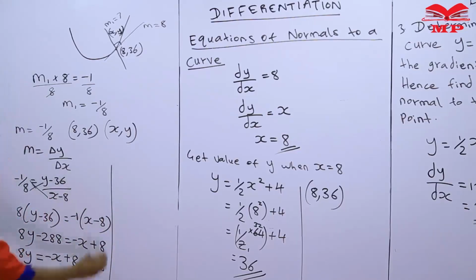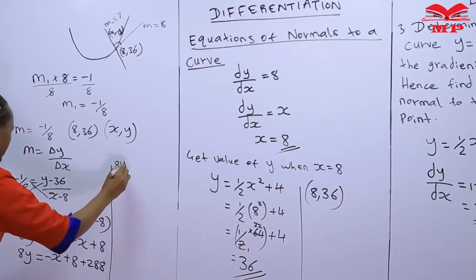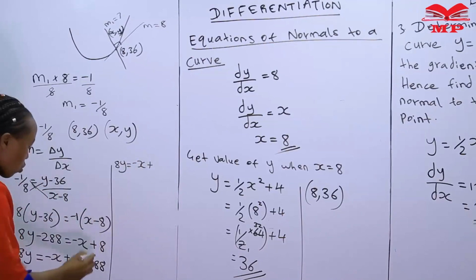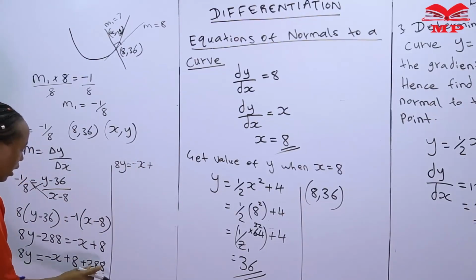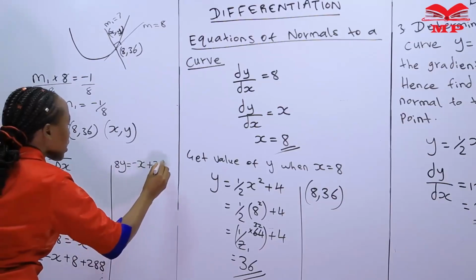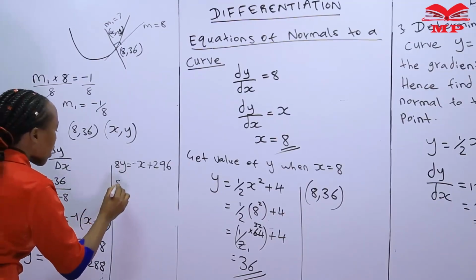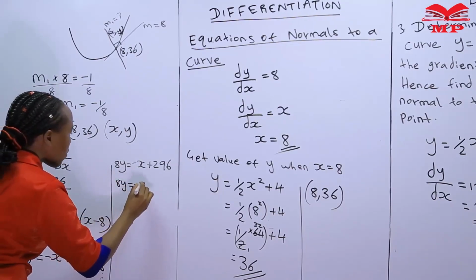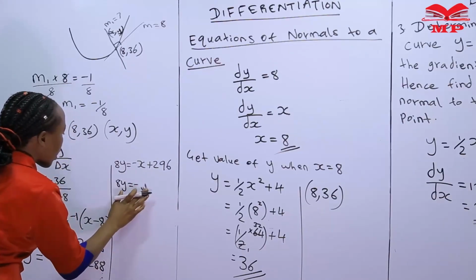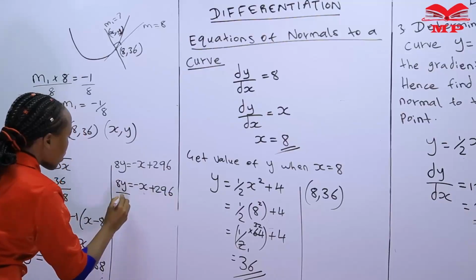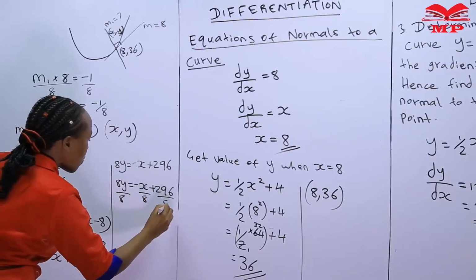And therefore it simply means that 8y is equal to -x plus 288 plus 8, that is 296. So we can leave it at that, or we can write it whereby the coefficient of y is 1. We say 8y is equal to -x plus 296. We divide by 8.